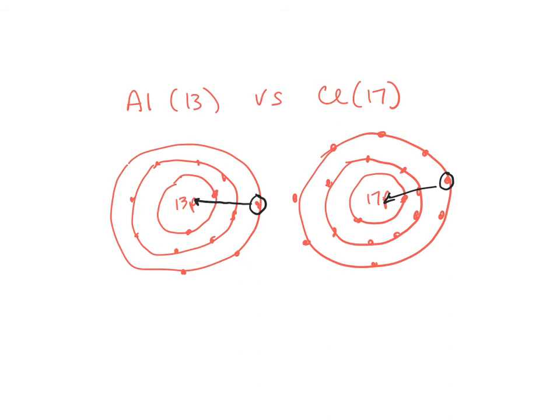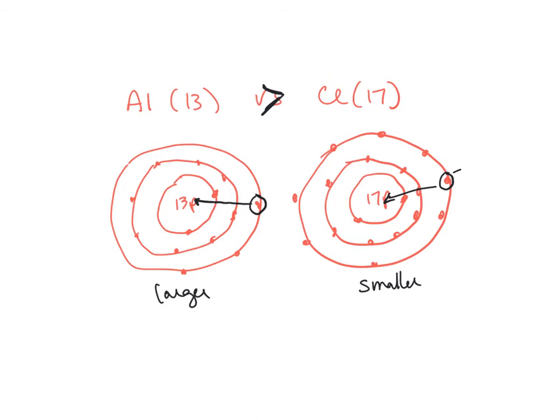And so the attraction between the negative electron and the positive nucleus is going to make this one smaller. This one's going to be larger. So aluminum is larger than chlorine for that reason. The attraction to 13 protons is not as great as it is to 17 protons. Therefore, the contraction is going to be greater for chlorine and the atom will be smaller.